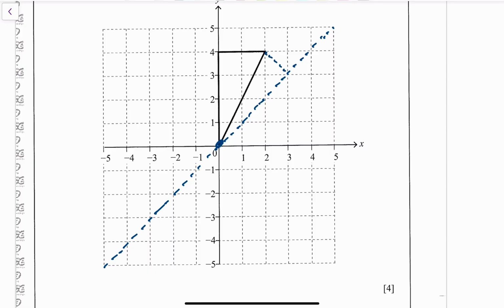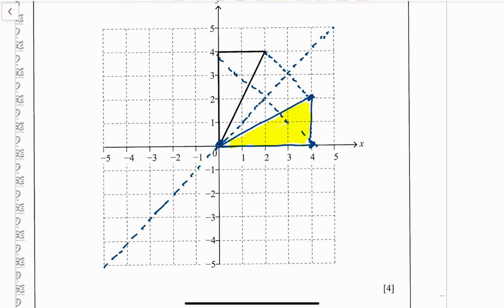This point here is 1 diagonal square away, 1 diagonal square away then on this side. This is 1, 2 diagonal squares away, 1, 2 diagonal squares away. So that's my first thing after my reflection of the line y equals x.